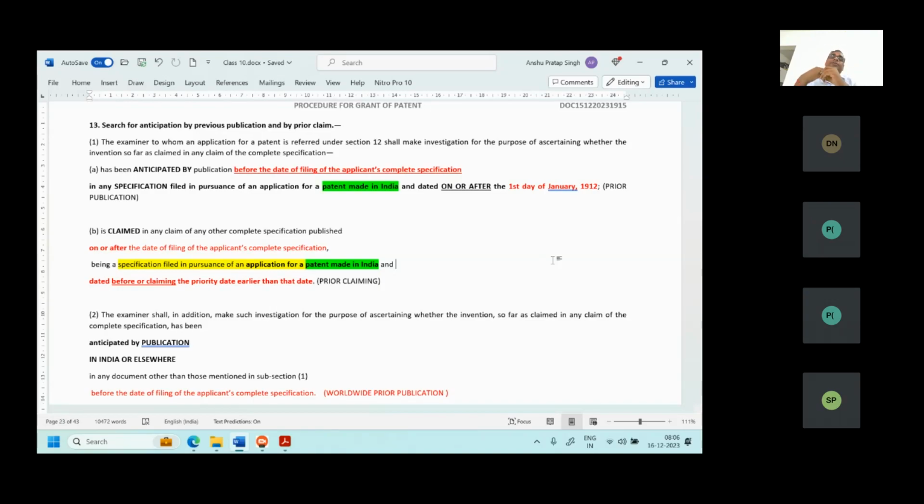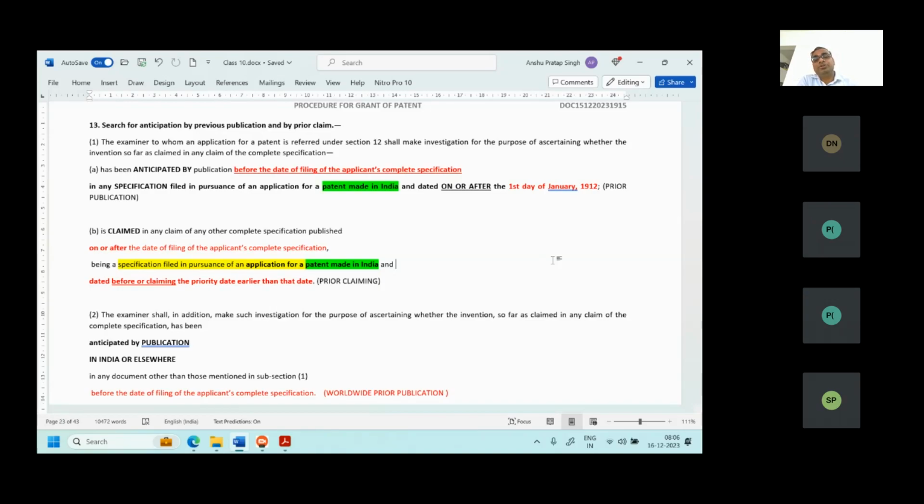Okay. So remember the history of patents? In the history of patents, we discussed that the Patent Act 1911 came into effect on 1st January 1912. Before that, there was no Indian statute which could govern patenting.